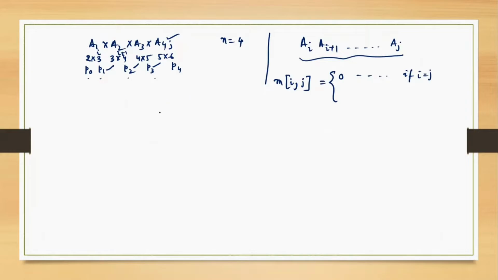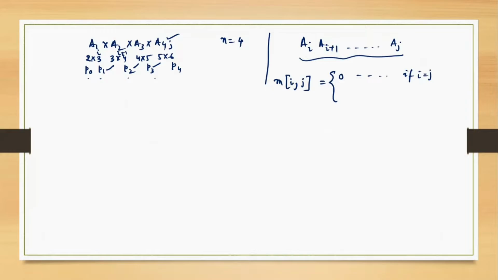Otherwise, you divide the problem into sub-problems. This is the basic concept of dynamic programming. But it is not like divide and conquer. Here you have to divide the problem into sub-problems where the sub-problems are dependent on each other. Once you solve a sub-problem and store it, that solution may be required in future to get the solution of another sub-problem and so forth.